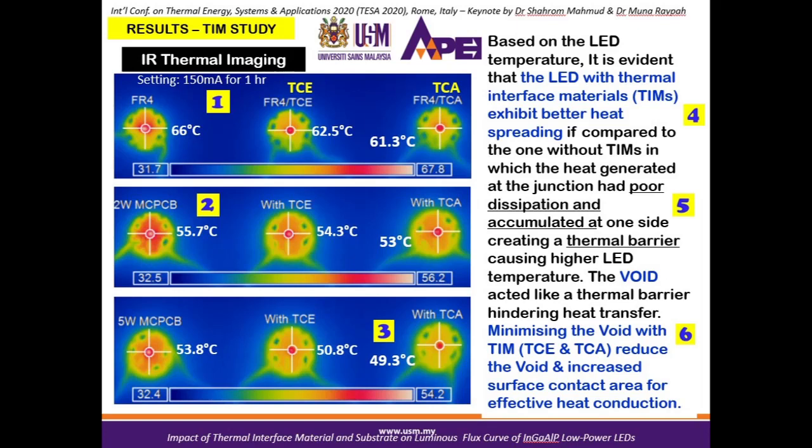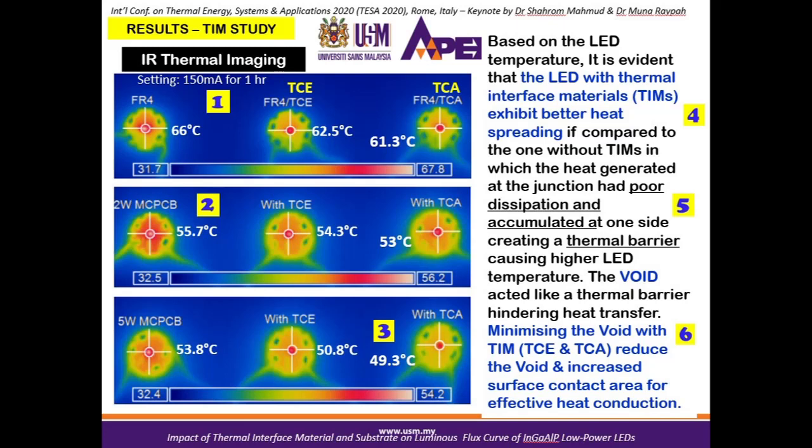The samples in the middle and right columns are the ones that contain TIM material that fills up the voids with epoxy TCE and adhesive TCA, which produce a huge surface contact area for much better heat conduction and better heat dissipation, resulting in better heat spreading.